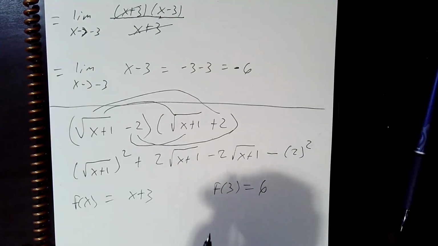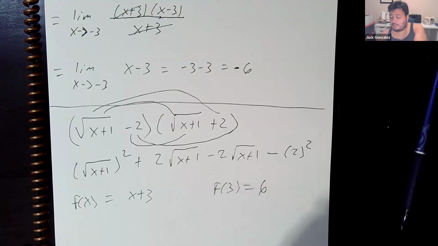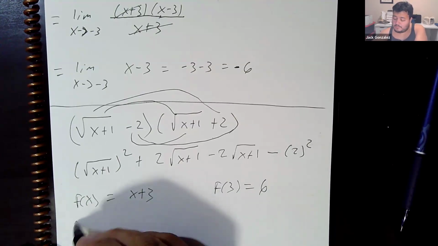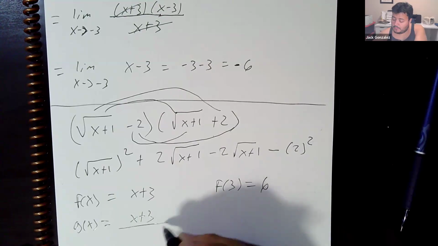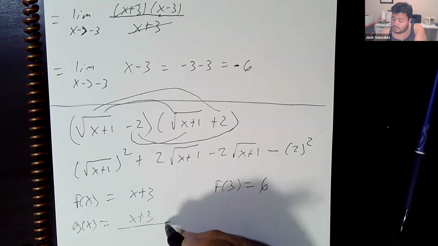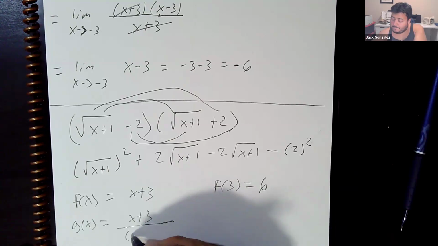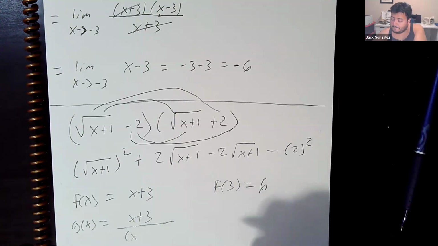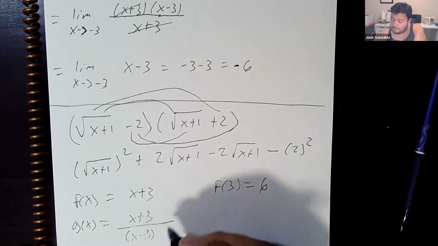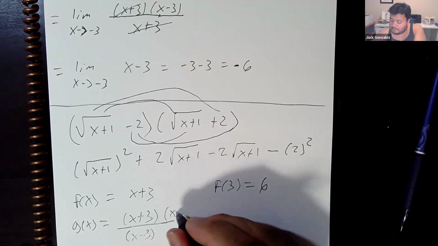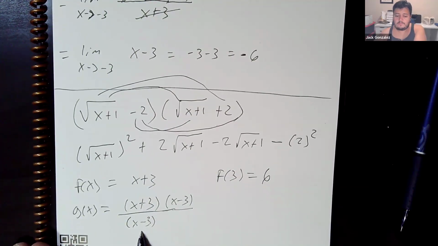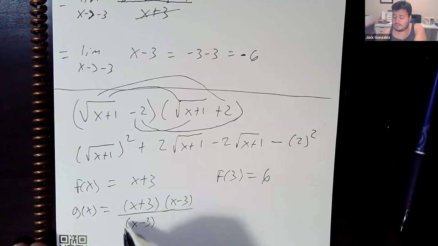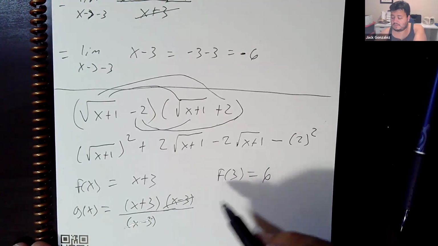Now, what if I had this function? You see how plugging in 3 would cause problems? It would be undefined, even though I can technically cancel this and still get 6.